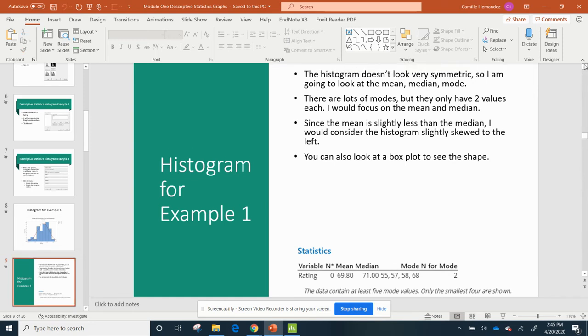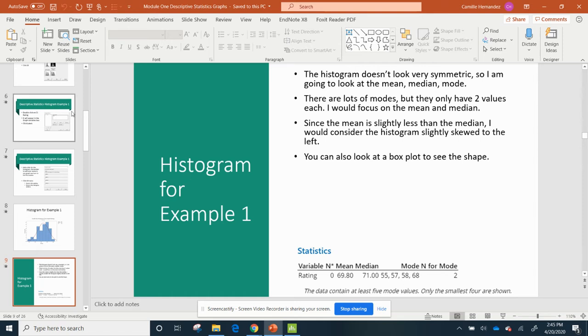So it doesn't look very symmetric, even though I have the symmetric line that has the normal curve in the middle. So I'm going to have to look at my mean and my median. So my mean was 69.8. My median was 71, and I have a bunch of these modes. So since the mean is slightly less than the median, I consider the histogram slightly skewed to the left.